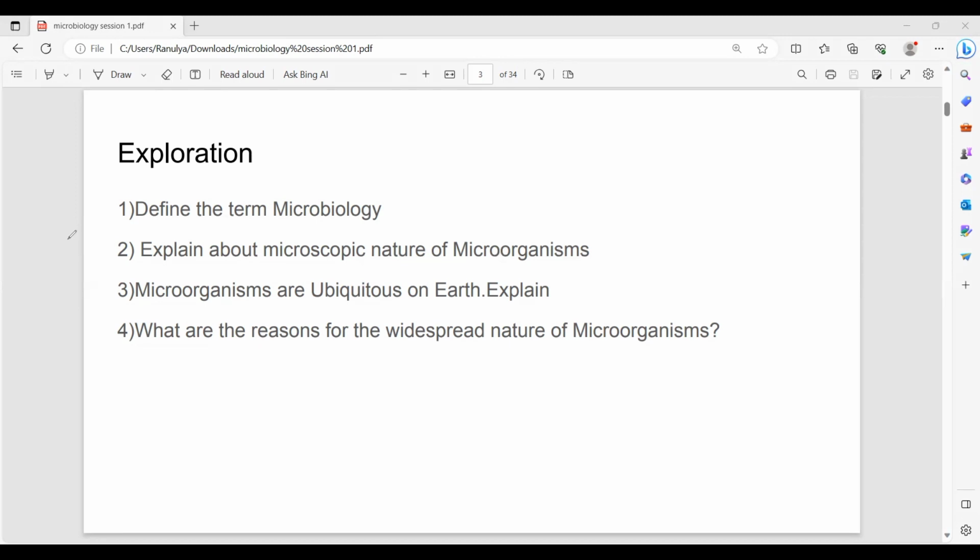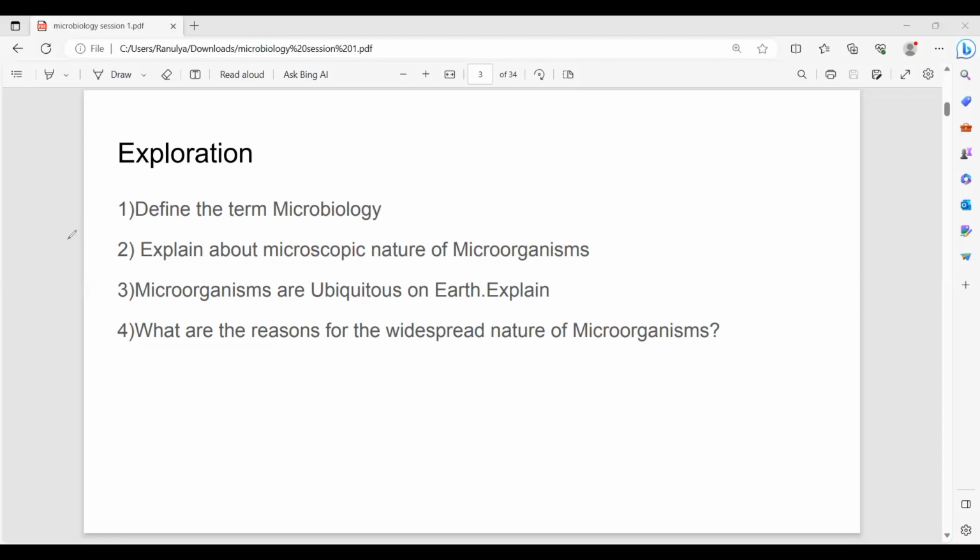Therefore, we have to use microscope to observe microorganisms. To measure the size of microorganisms, nanometers and micrometers are used. Some microorganisms can be seen clearly due to their larger size.